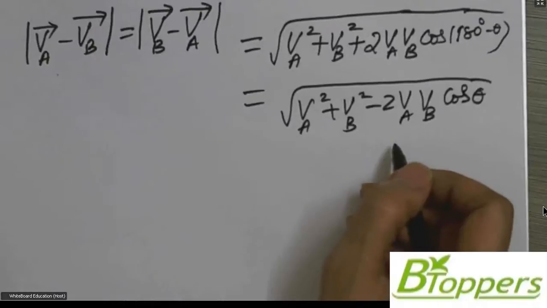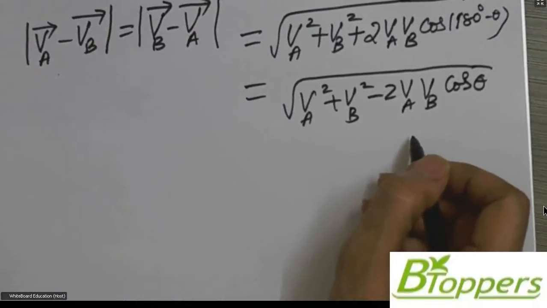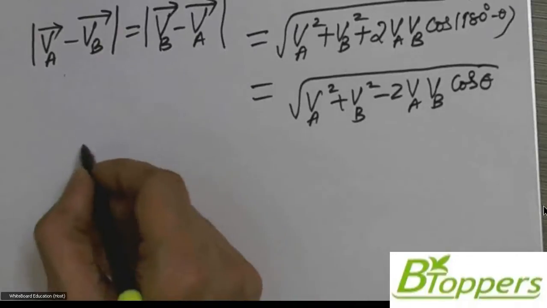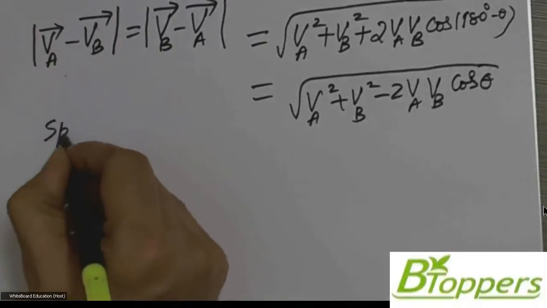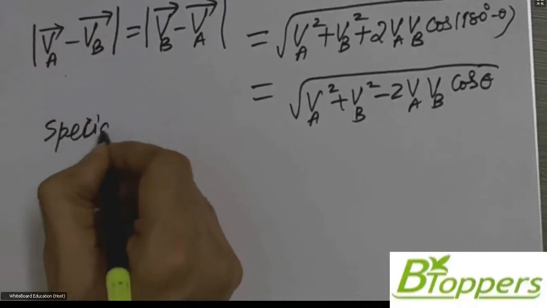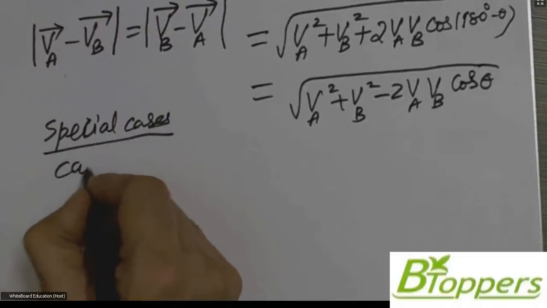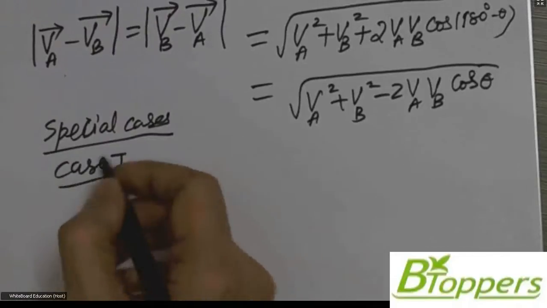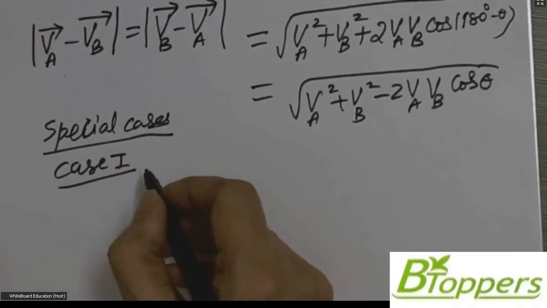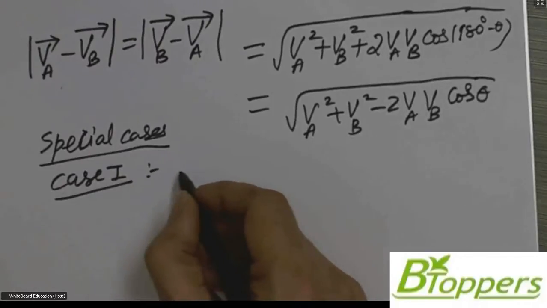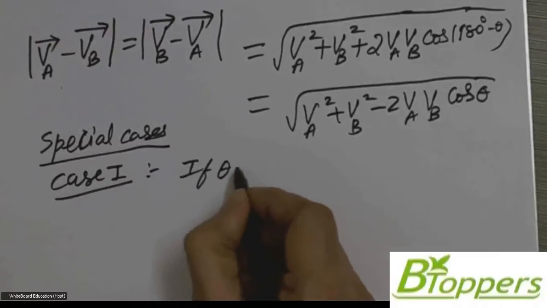So I am going to consider some special cases in the relative velocity. These special cases we have actually discussed earlier in subtraction of vectors. Suppose the two bodies A and B are moving in the same direction, then the angle theta between the two velocity vectors VA bar and VB bar will be equal to 0 degrees.